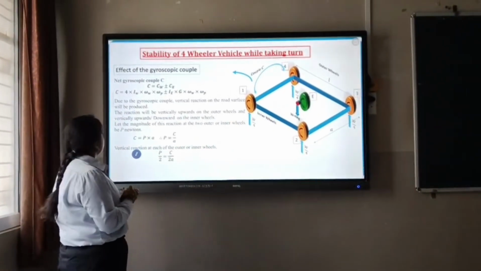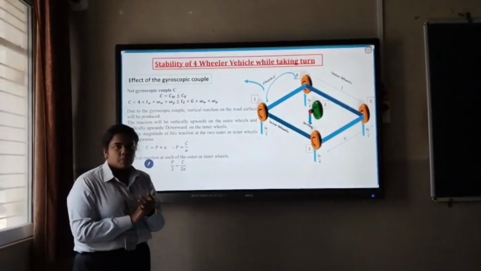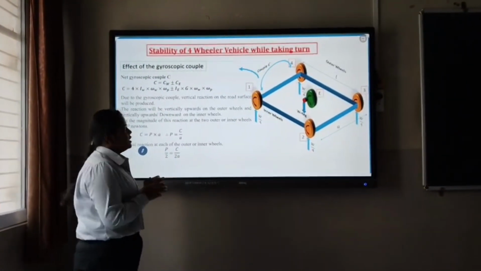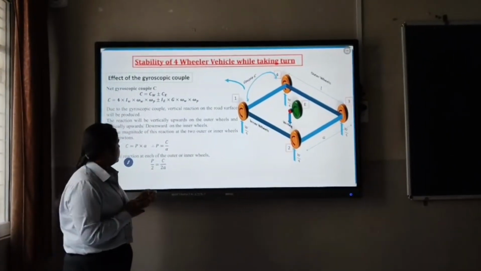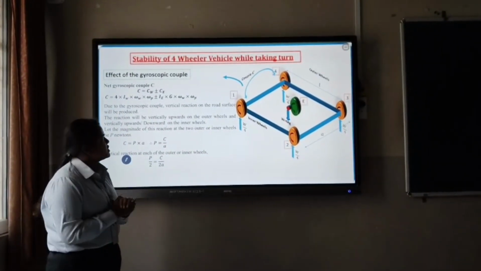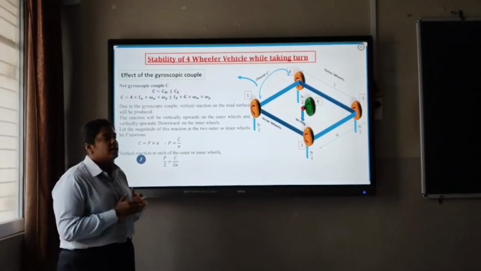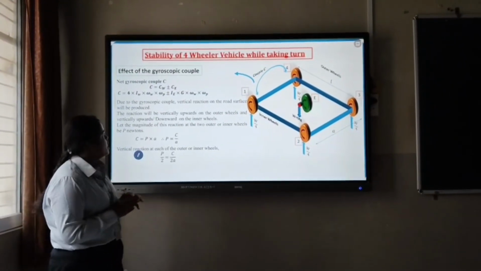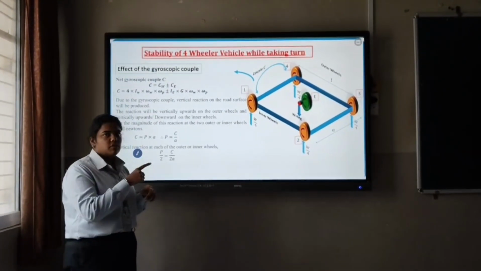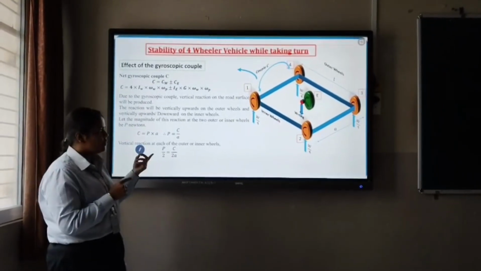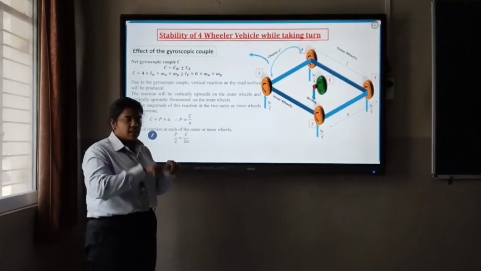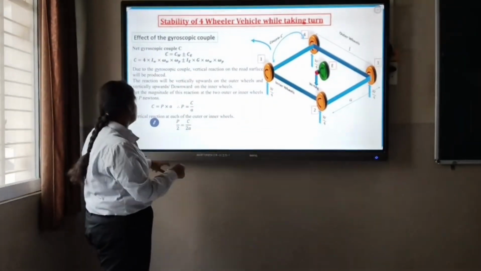As the gyroscopic couple acts on the vehicle, a reaction on the road surface will be produced. A vertically upward reaction will be produced on the outer wheels, and a vertically downward reaction will act on the inner wheels.